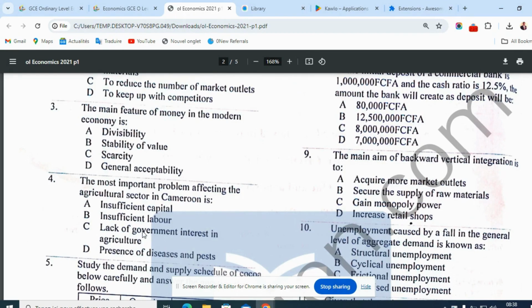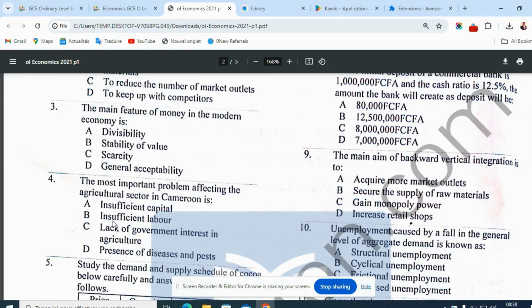The main feature of money in the modern society is general acceptability. So that actually means that money is acceptable everywhere. Okay, so that is the main feature of money in the modern society: general acceptability.